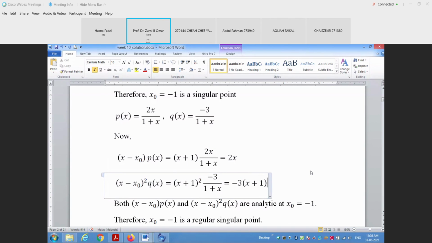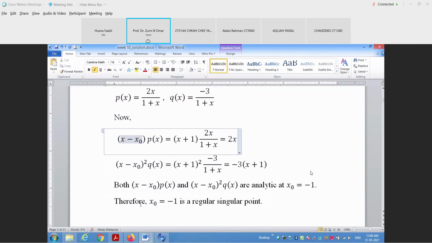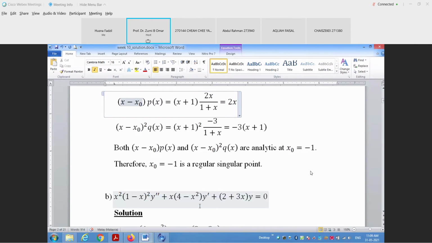So both functions are defined at x naught. When both functions are defined, this implies that both functions are analytic at x naught equal to minus 1, and that's why x naught equal to minus 1 is a regular singular point.